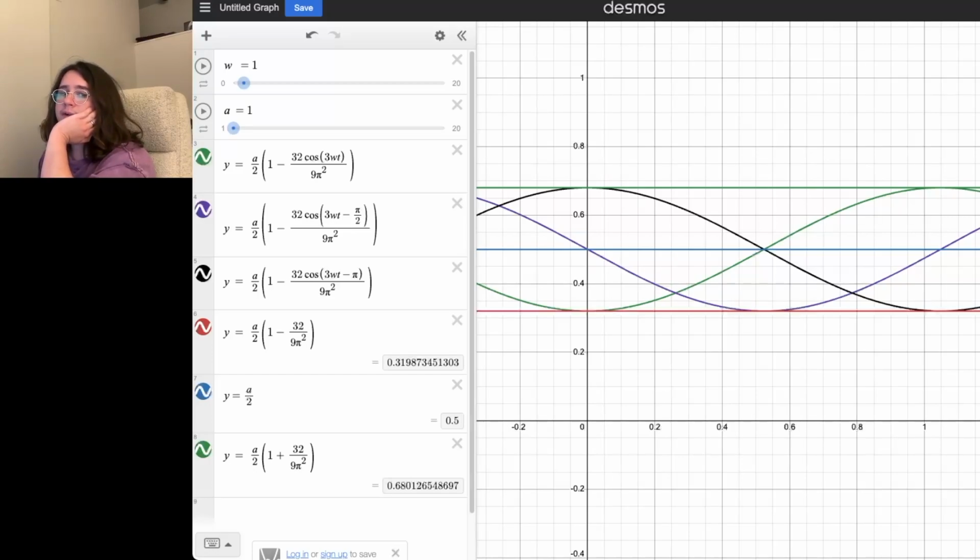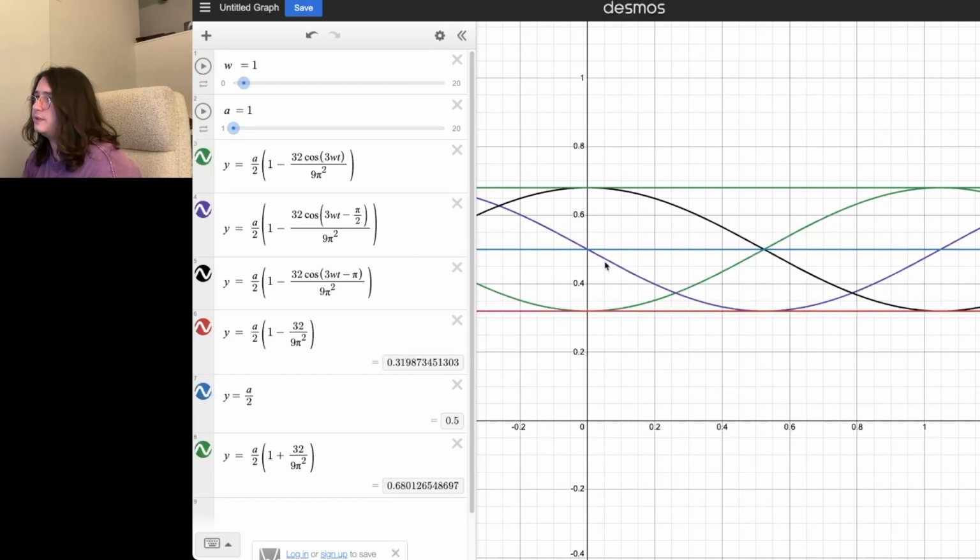So what I have here is a Desmos page of the different values that the expectation value will have for different phases. So this equation here is the expectation value with no relative phase. Here's with the relative phase set to pi over 2, and here's with it set to pi.